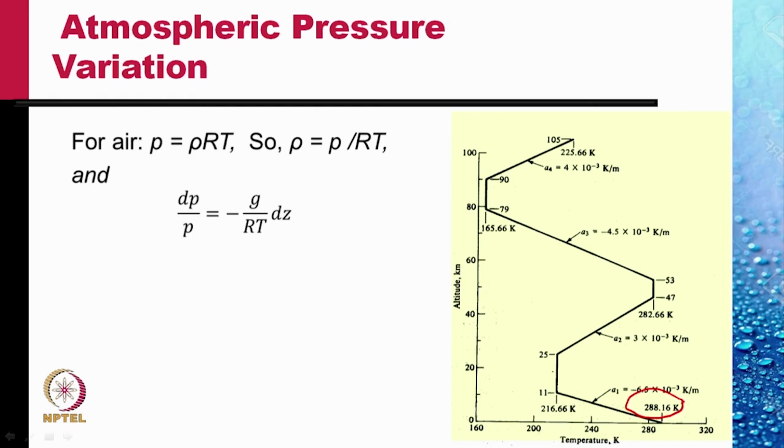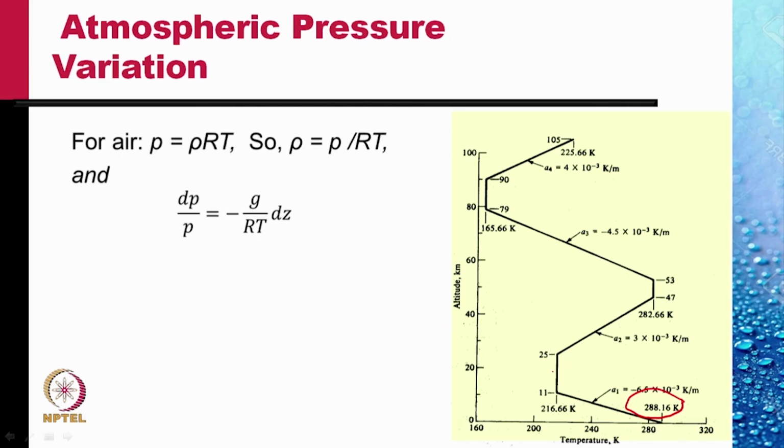Then for 11 kilometers, this temperature is decreasing at the rate of 6.5 degrees Celsius per kilometer, or 6.5 into 10 to the minus 3 Kelvin per meter. At 11 kilometers height, the temperature is only 216.66 Kelvin, which is about minus 58 degrees Celsius.